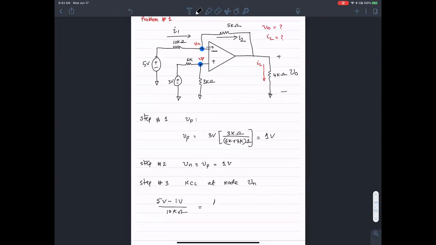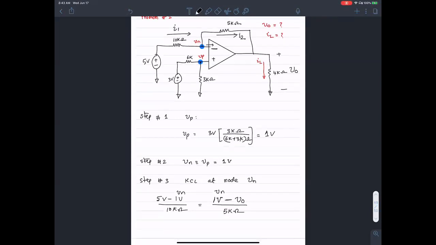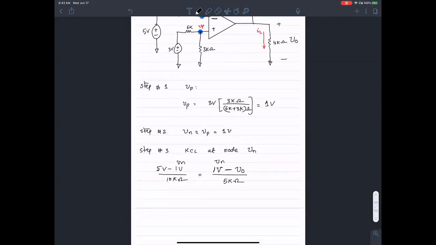That is equal to I2. So this is Vn, right? V sub n, 1 volt minus VO over 5 kilo ohms. Once we do that, we should see VO will come out to be negative 1 volt.